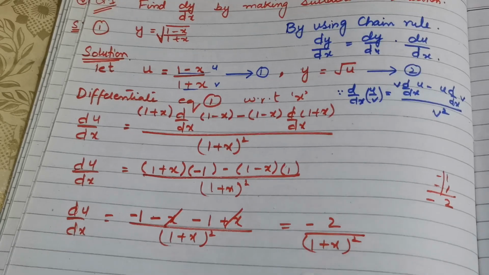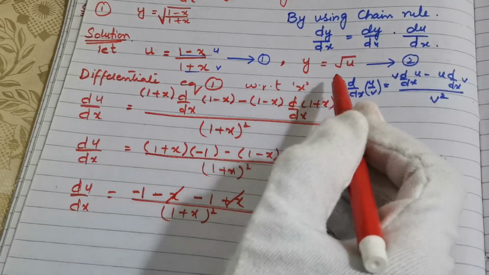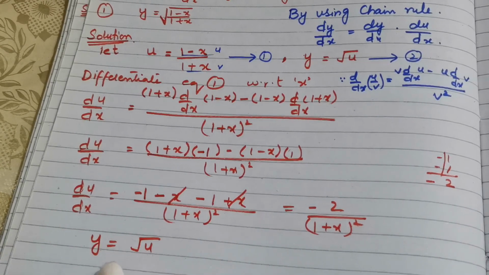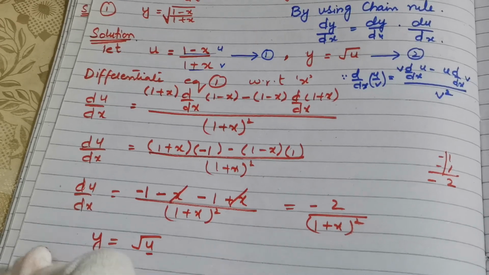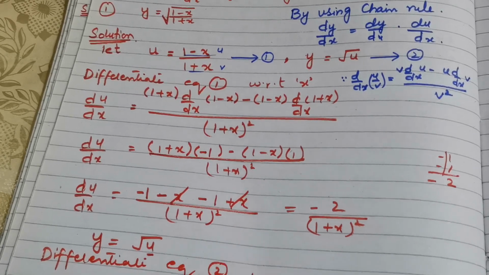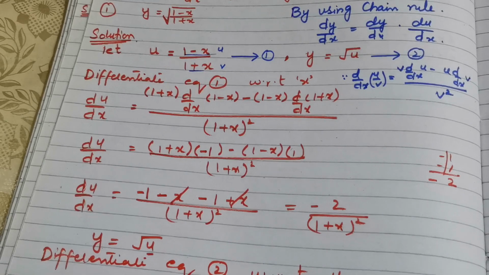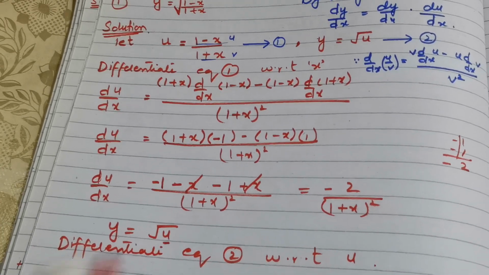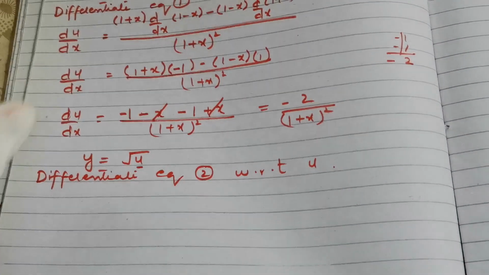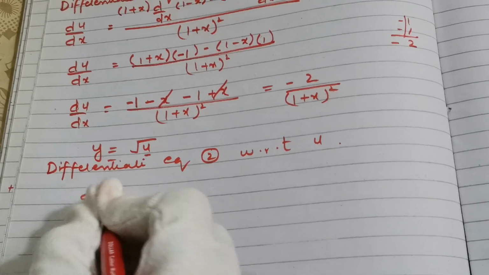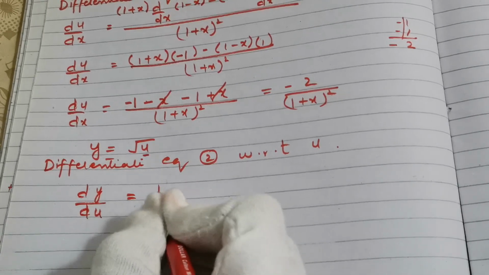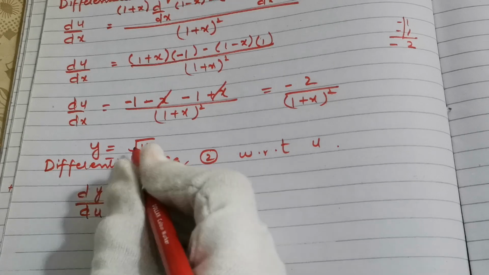Now we will solve equation 2, and equation 2 is y is equal to under root u. Here the variable is u, so we will differentiate equation 2 with respect to u. dy by du is equal to 1 by 2 and x is u.